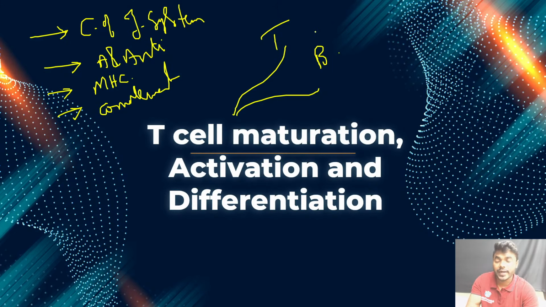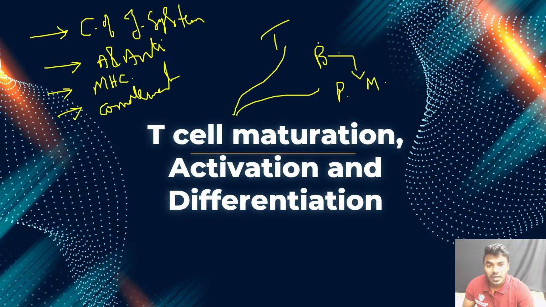But if you understand and if you revise multiple times, the concept will become very easy. Now the question is, which cells are involved in the production of antibody? Undoubtedly B cells. We know very well, B cells are the ones which divide into plasma cells and memory cells. We know it very well.